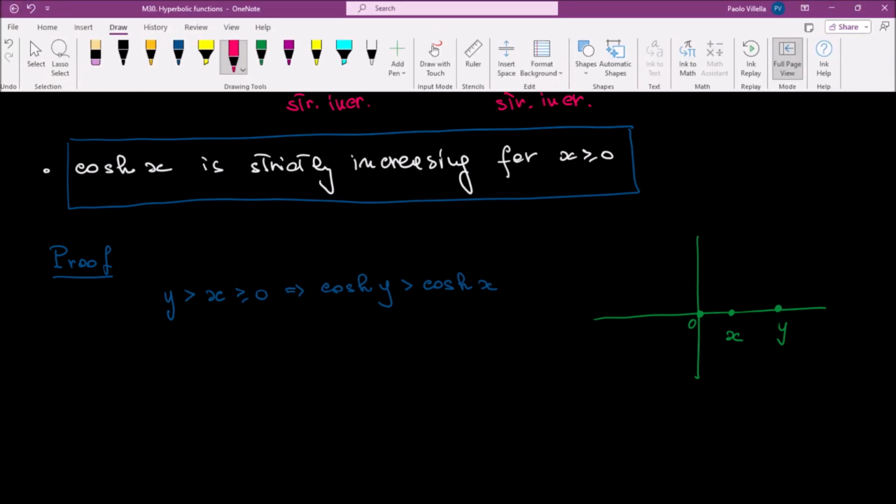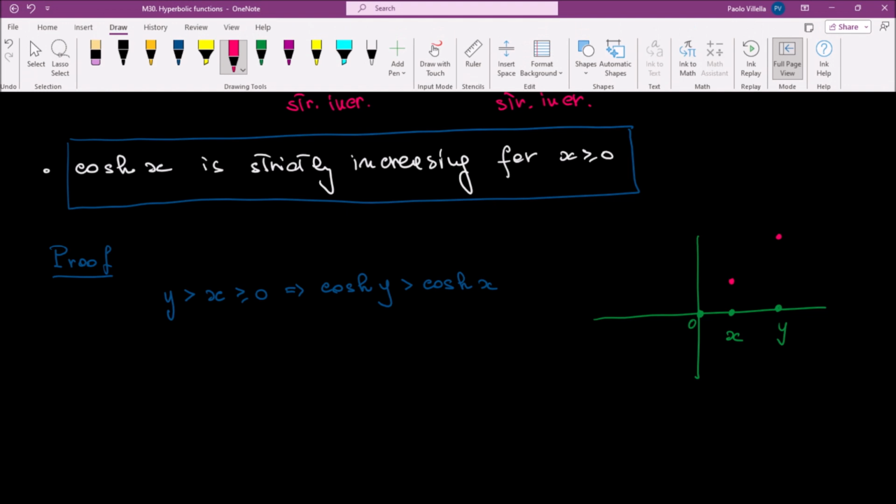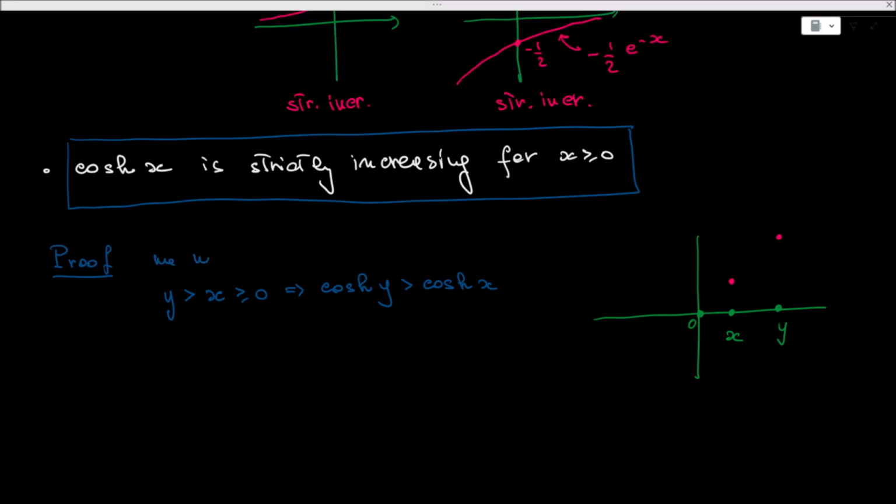We want to prove that if the hyperbolic cosine of x is here, the hyperbolic cosine of y must be somewhere above that level. Now this is what we wish to prove.